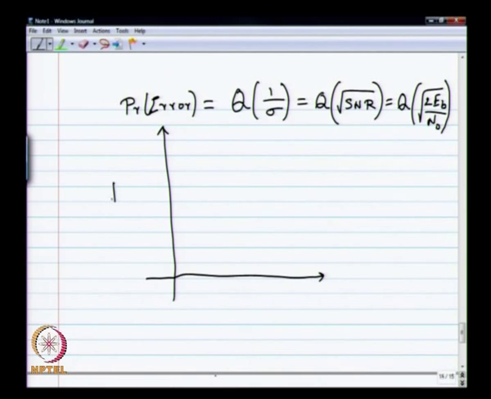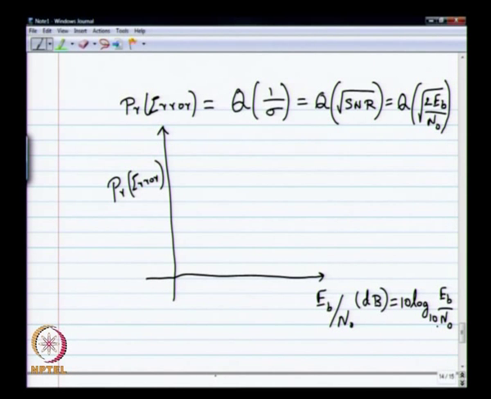You are going to put probability of error on the y axis, and Eb over N0 on the x axis, and it is also very common to put Eb over N0 in the dB scale. What is the conversion from regular scale to the dB scale? 10 times log base 10 of Eb over N0. So you maybe start with 0 dB, 1 dB, 2 dB, 3 dB, and so on.